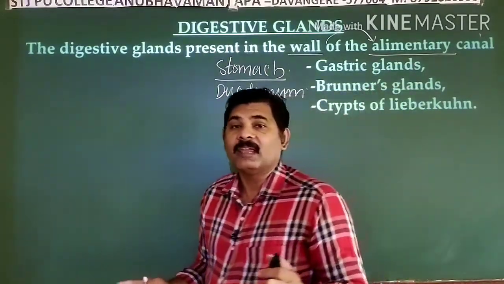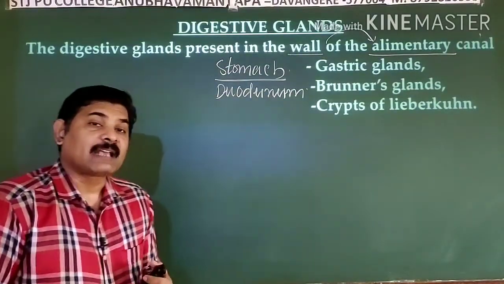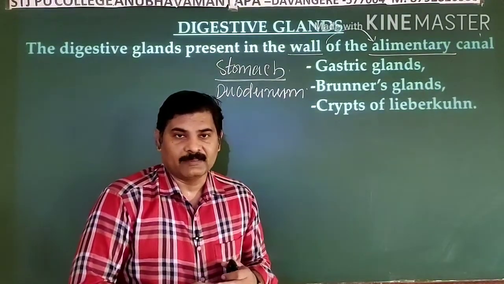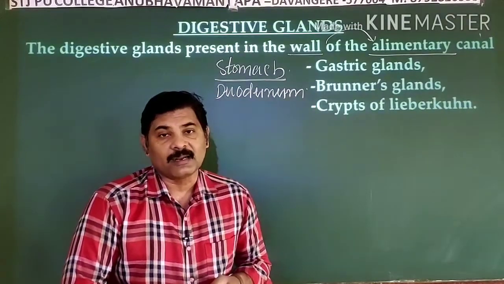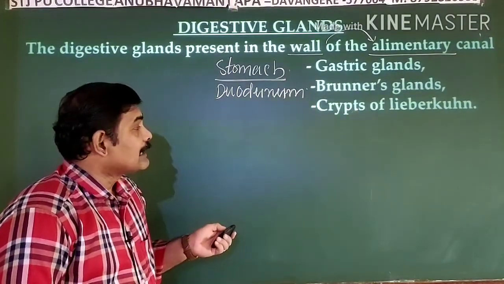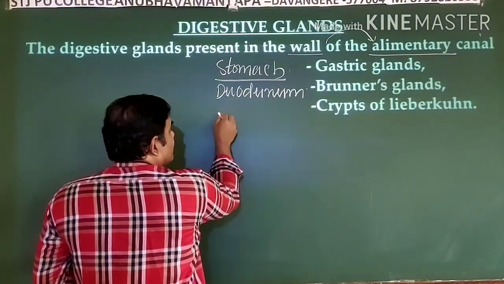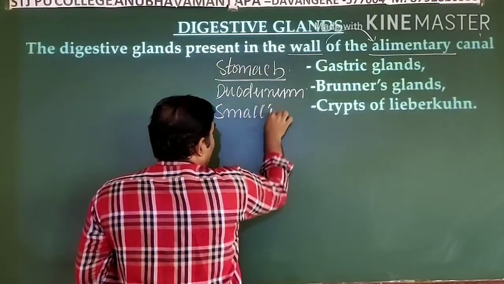In between the villi you can find a depression or pit-like structure, which we call crypts. Within those crypts the glands are present, and those glands are known as crypts of Lieberkühn, which you can find in the small intestine.